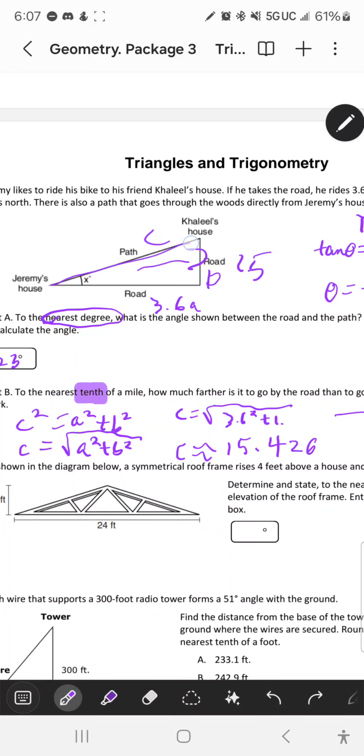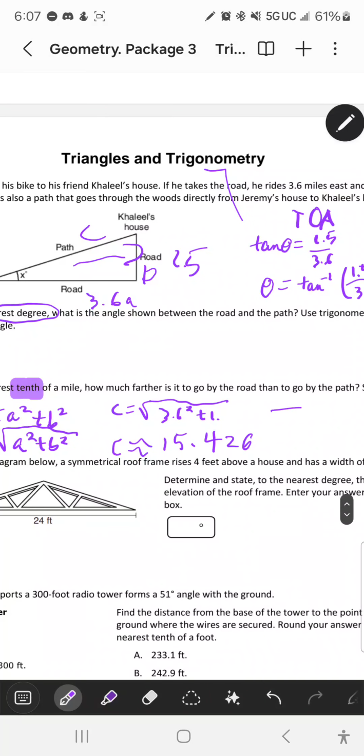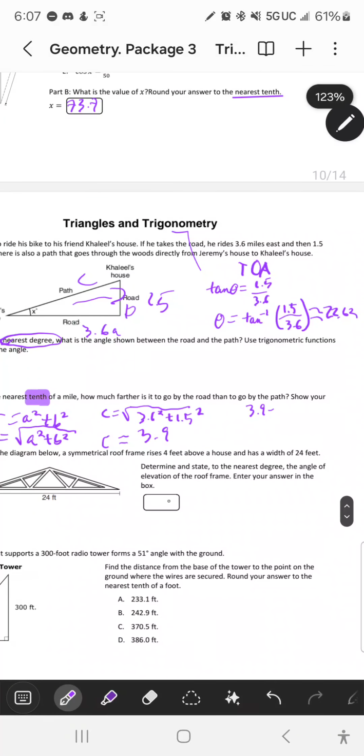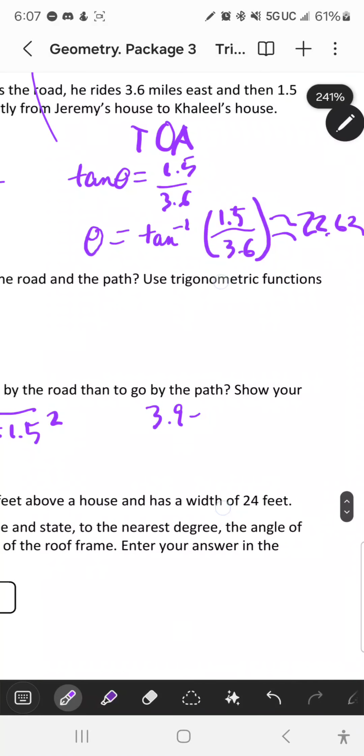Diagonal paths are shorter than doing this whole trip. So that didn't make sense. Now I put 1.5 and I get 3.9. That's C equal to 3.9. So the difference will be the whole road minus 3.9, and the whole road will be the sum.